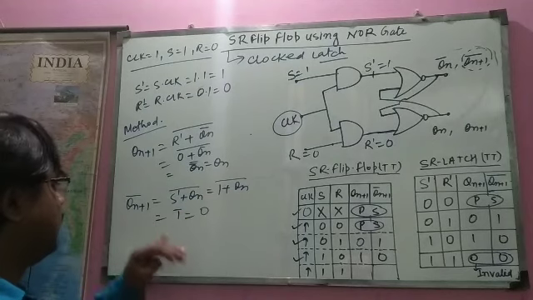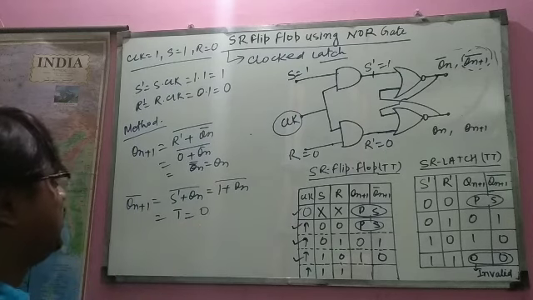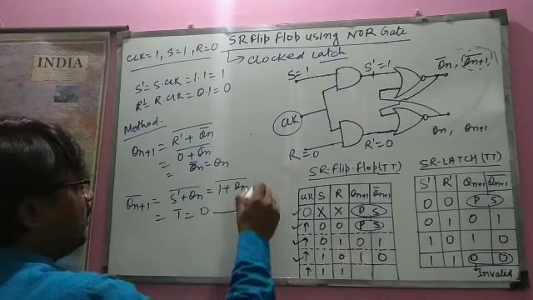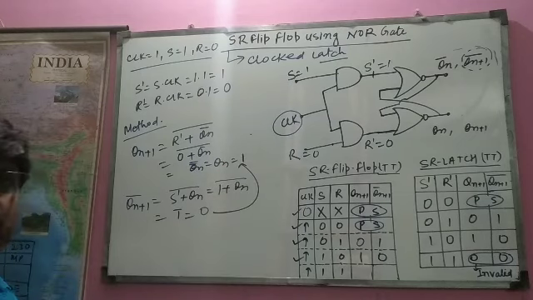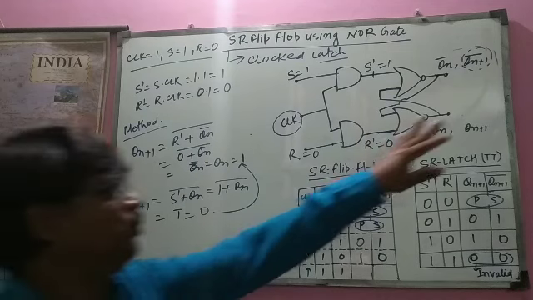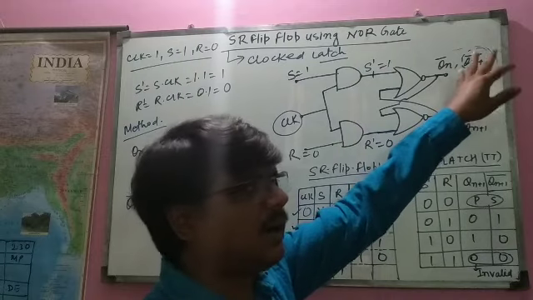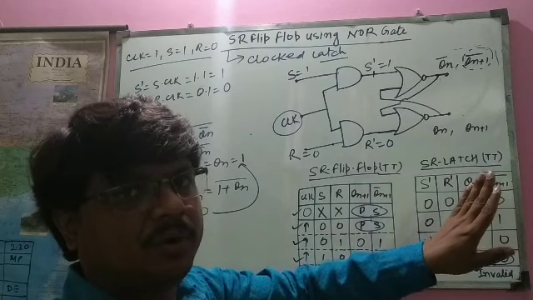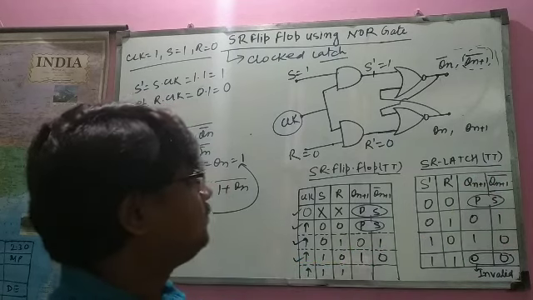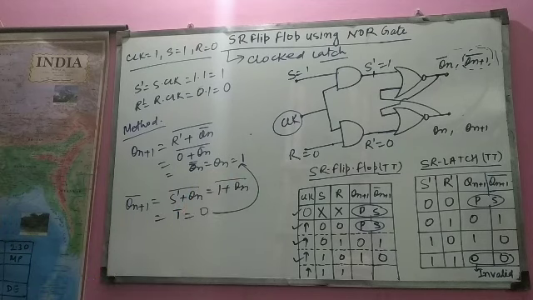Once this Qn plus 1 bar is 0, it will affect this value also and it will give 1. Once we get any one of these outputs, Qn plus 1 or Qn plus 1 bar, as 1 or 0, then the other will be its complement.